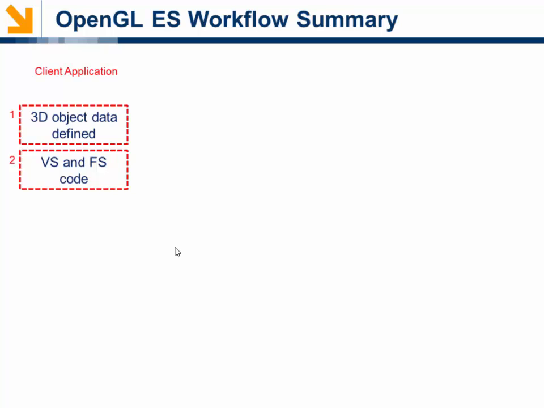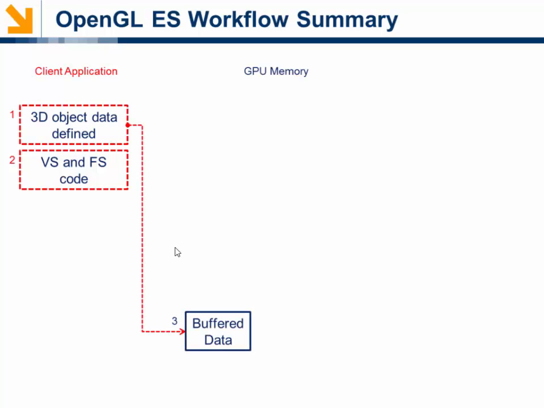So let's say that we have a client application, we have some 3D object that we want to visualize, we have it in some format, so we can access the data that composes those objects, and then we have working vertex shader and fragment shader code.